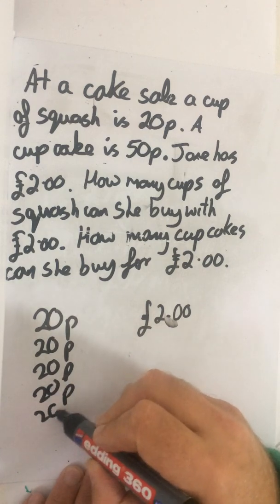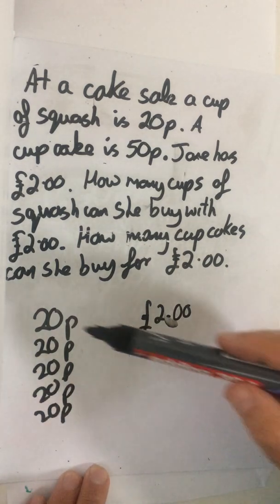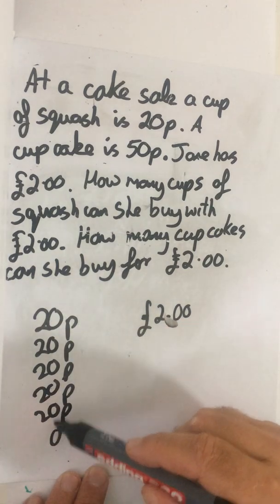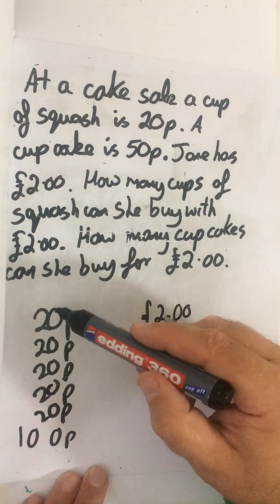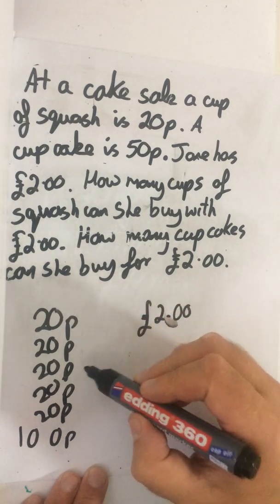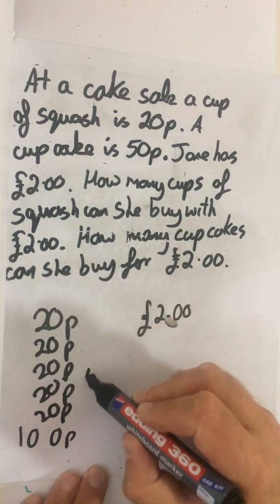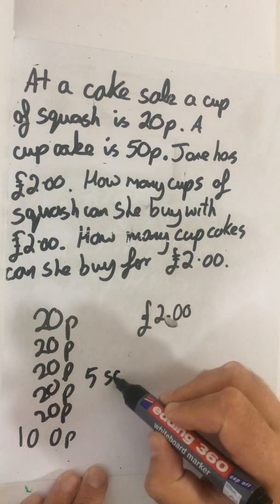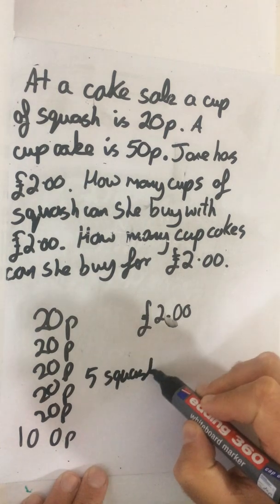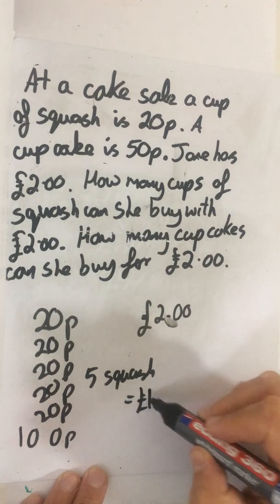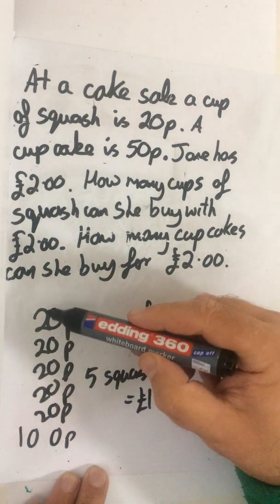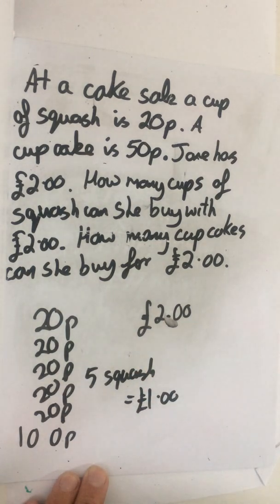So if we just add the first 5 20p, we can see that that's 0, 2, 4, 6, 8. We get 100p. So 5 squash would be 100p, which is £1.